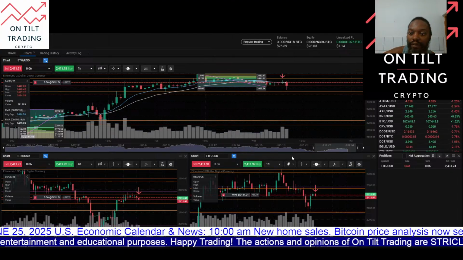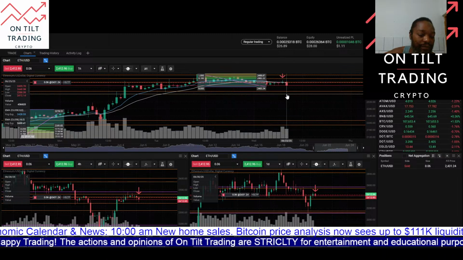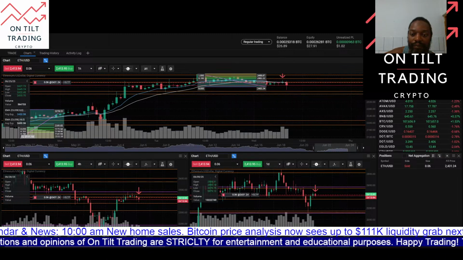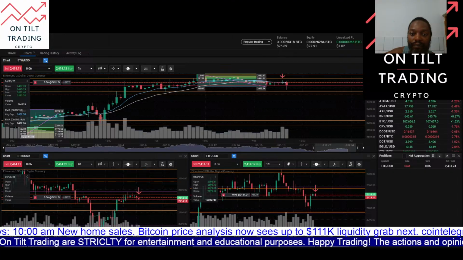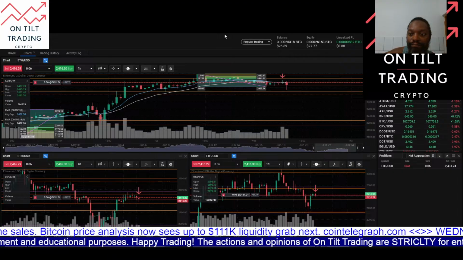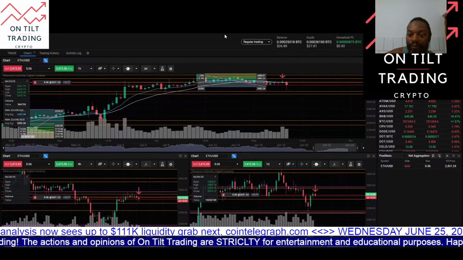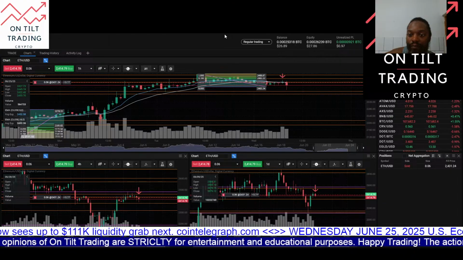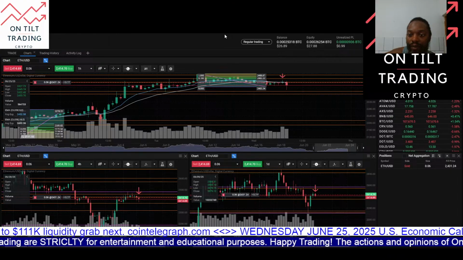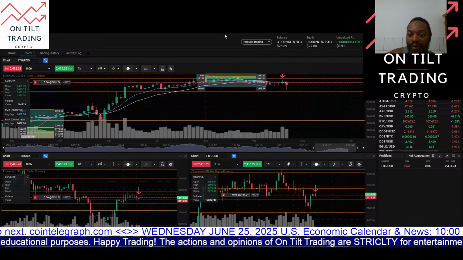Price still being delivered to the buy side here. Price currently trading near the 2415 level, 2416.